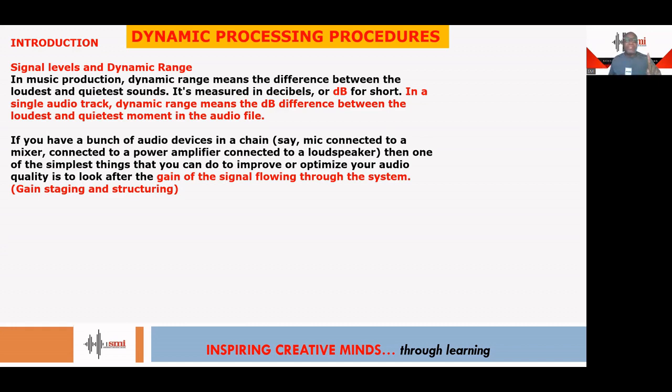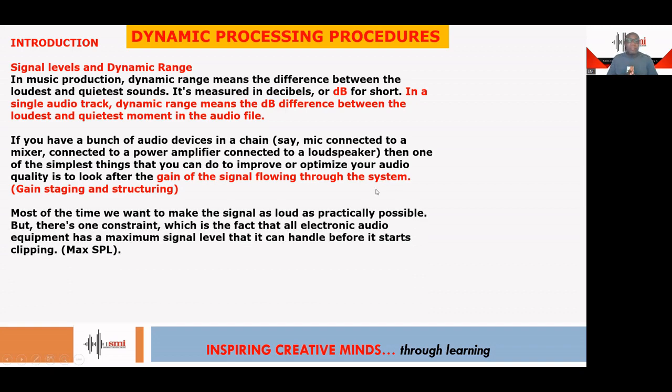Then one of the simplest things that you can do to improve or optimize your audio quality is to look after the gain of the signal flowing through your system, which we call gain staging or structuring. Gain staging or structuring, that is very, very important. And this process is what the dynamic processors affect.